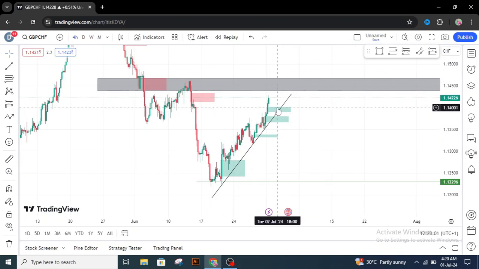The only reason I would take the trade if the trend line breaks is if I see something like this. If this market continues like this and I see something like this here and it breaks, then I will want to take the trade. But I won't even wait if I see the double top already. I won't wait for the trend line to break, except my confirmation candle is the one that breaks this trend line. Fine and good.